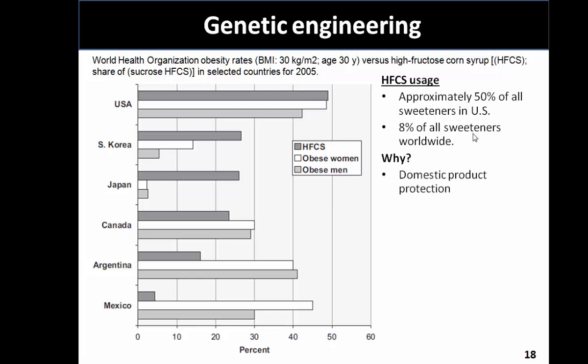And so the reason for this is in part due to domestic product protection. Because the United States developed the industrial scale technology to produce high fructose corn syrup at a low cost, the desire to export that technology is not going to be very strong.